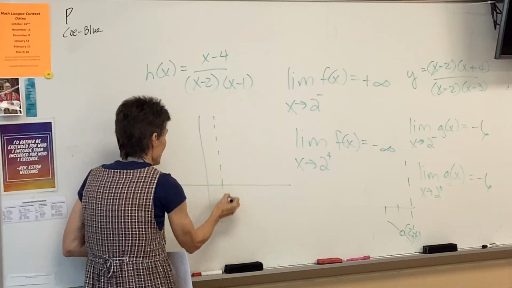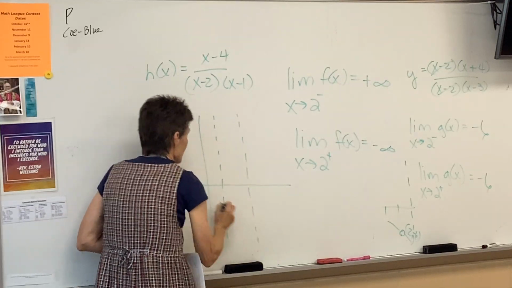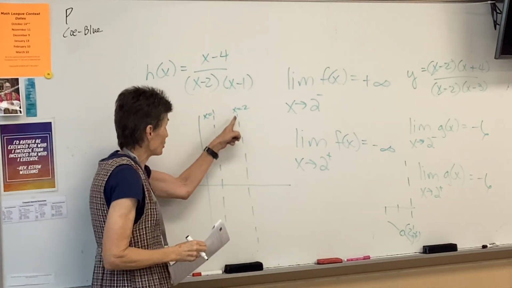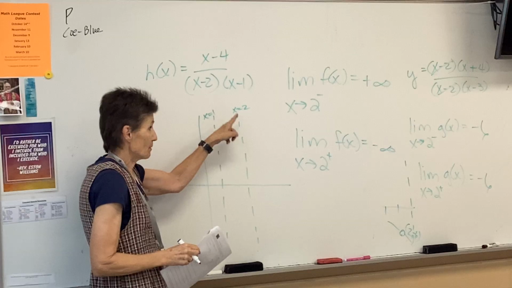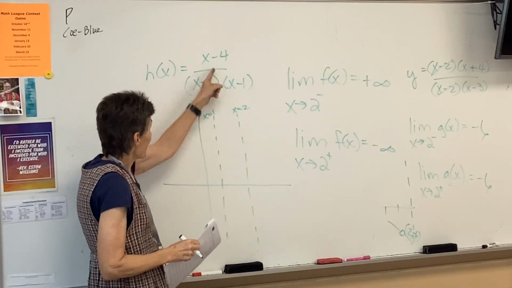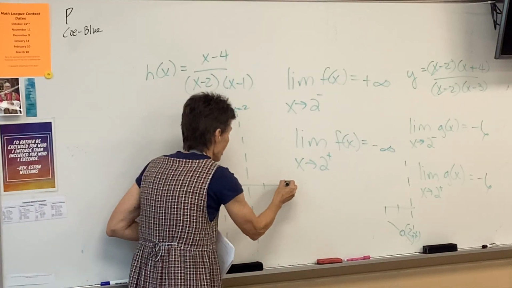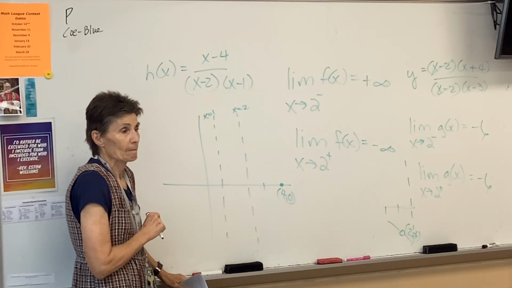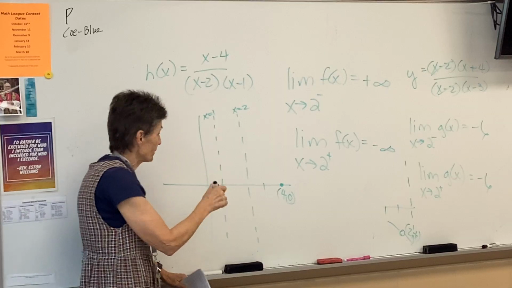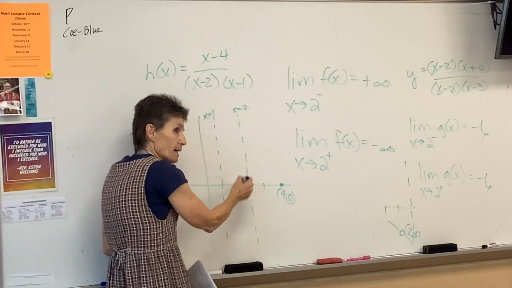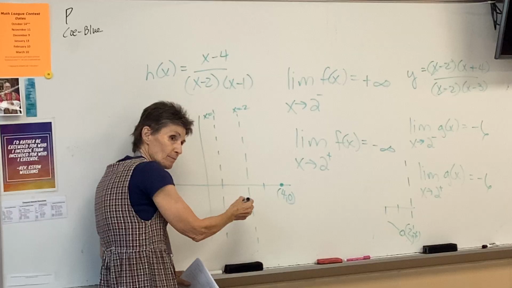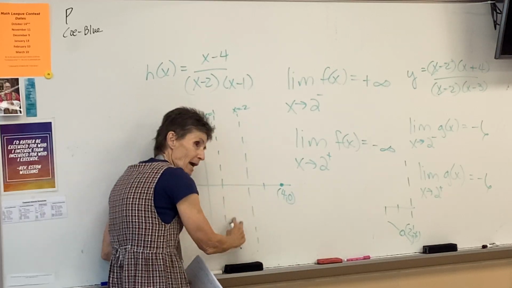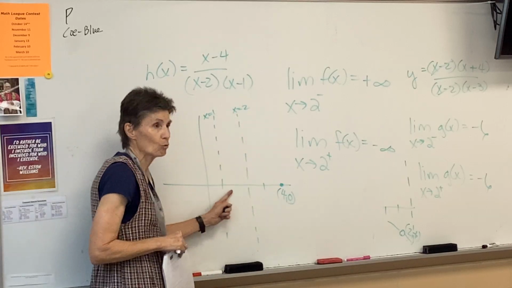This problem was made a little bit easier because you have an asymptote at 1 and 2. Now, this is the only one I care about in the problem, but I have these close together, and I know the only place I cross the axis is out here at 4. So whatever is going on between these asymptotes, it's either all happening up here, or it's all happening down here, because I can't cross in between.